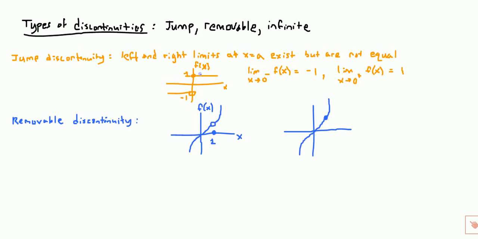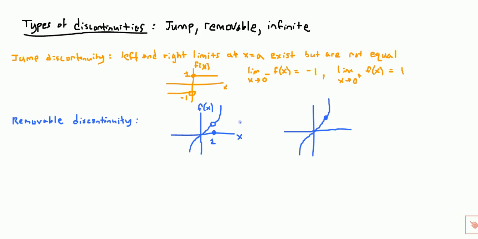These jump discontinuities are not removable discontinuities. There's no way to redefine the value f of x at 0 to make this continuous. You would always have to jump somehow. If you redefined this to be -1, you came in from the left, it'd be filled in here, but then you'd have to jump up to continue graphing.